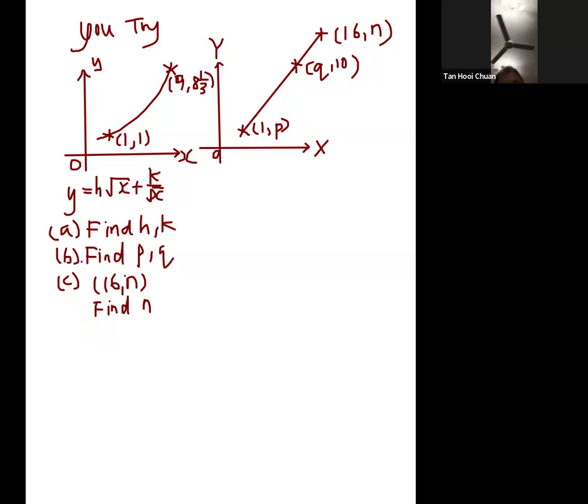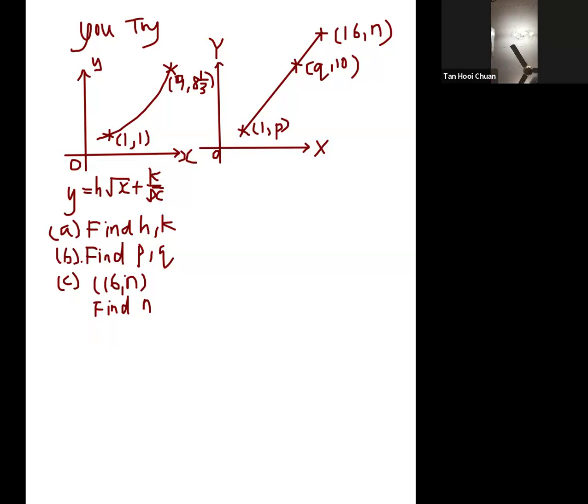Okay, you try now. What's the answer? Oh, I give you the answer. I'll tell you what question you should do for your K-bar and also your level up.